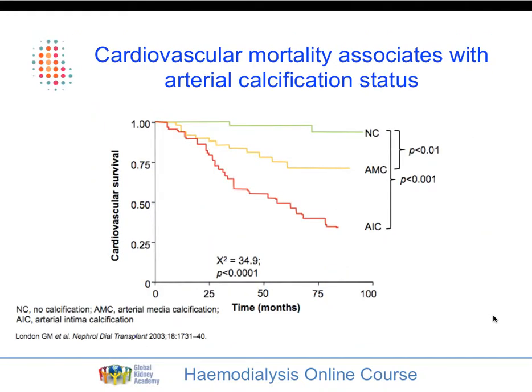And as we've already shown, the worse the calcification, the higher the risk of mortality. So this is no calcification here. This is medial calcification, and this is intimal calcification. You can see the more extensive the calcification, the more likely you are to die.